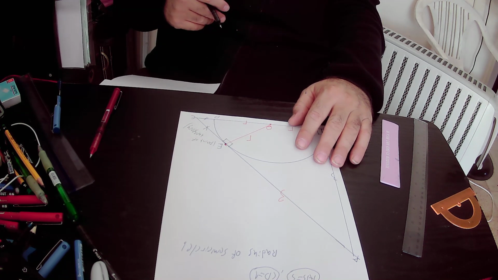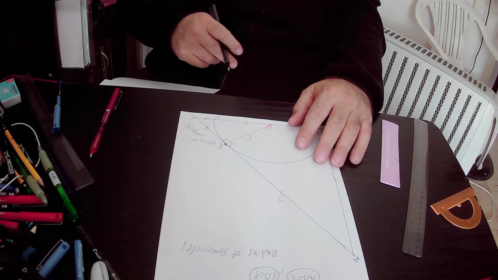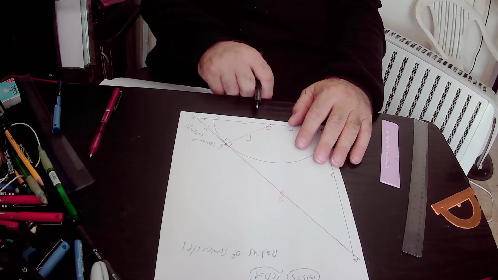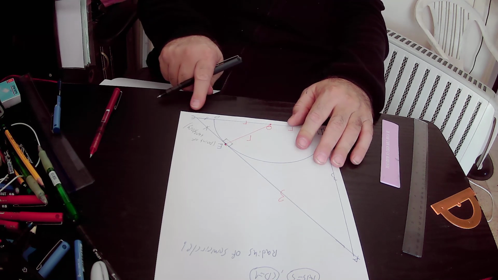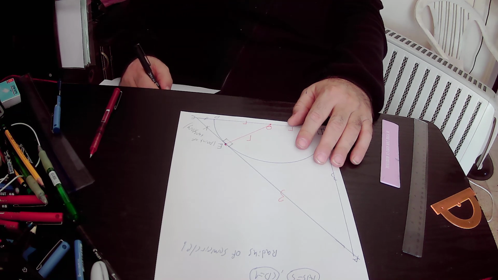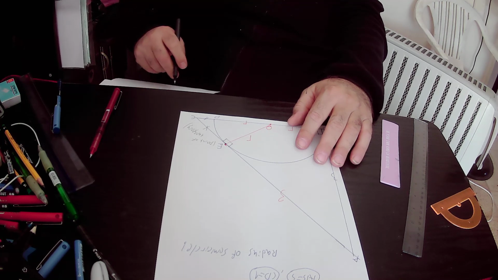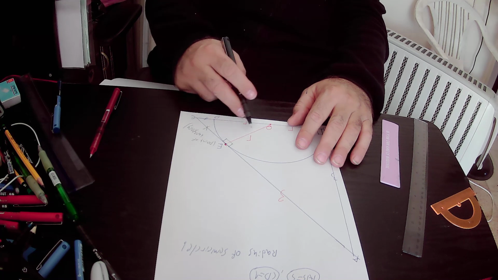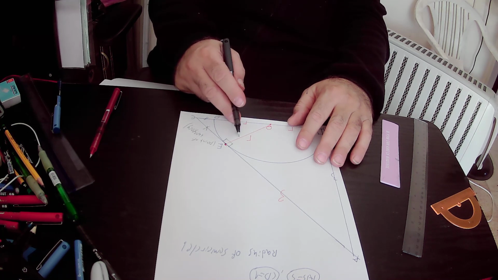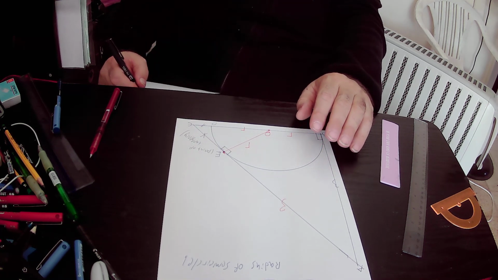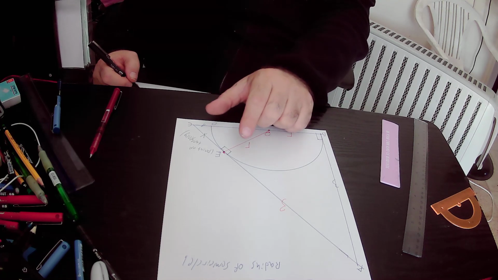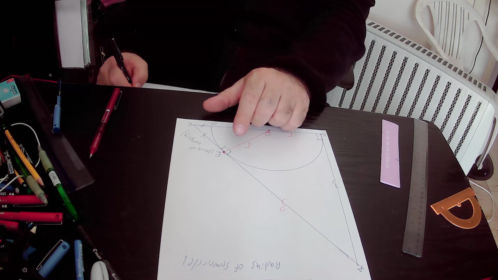So OC, as you can see from the drawing, equals r plus 1. OC equals r plus 1, so OC squared will be equal to (r plus 1) squared, and it equals OE squared. OE equals r, as you can see from the drawing, so OE squared is r squared, and EC is defined as x, so EC squared is x squared.